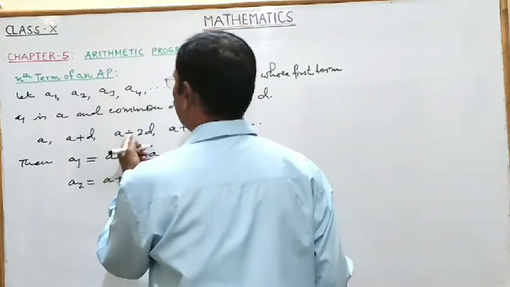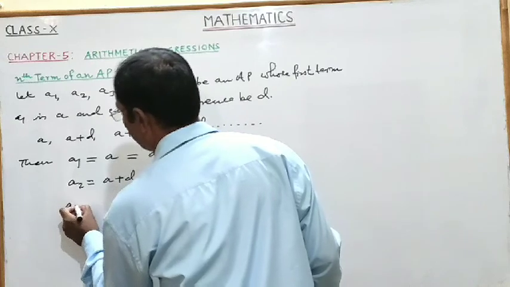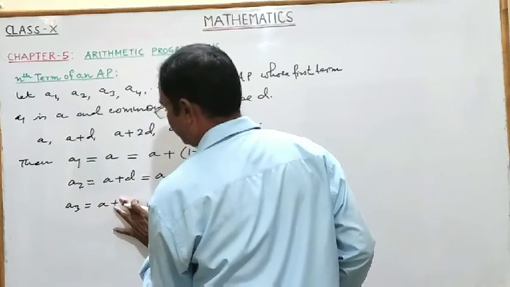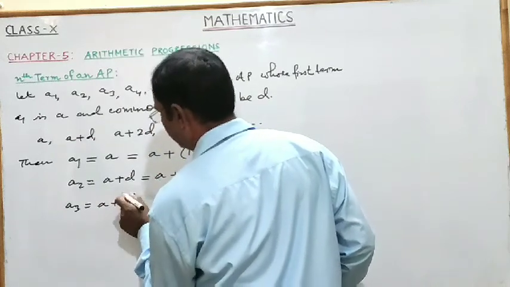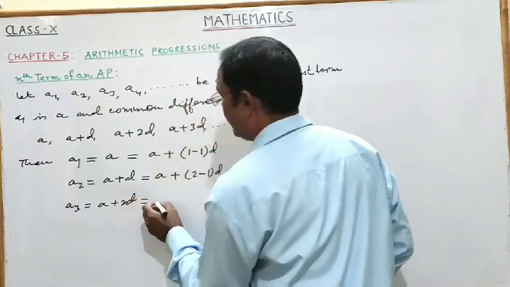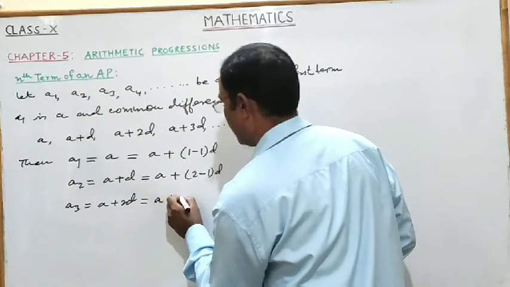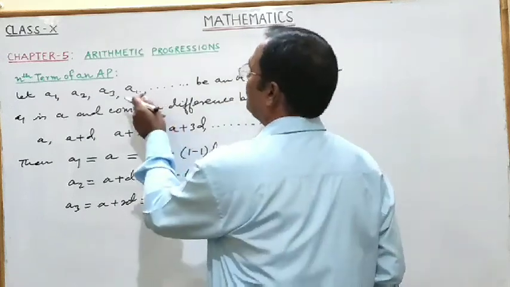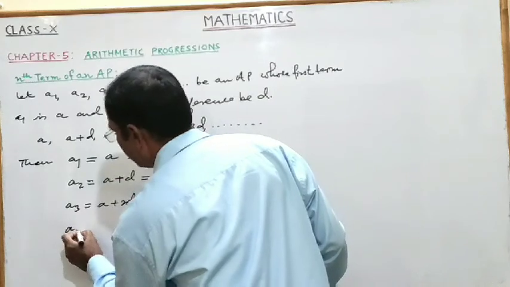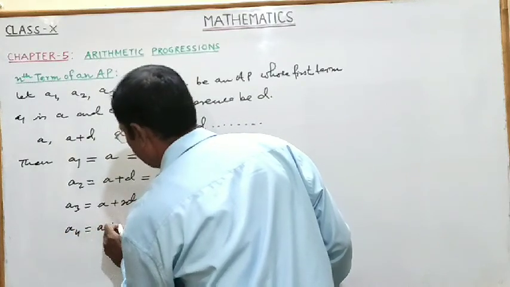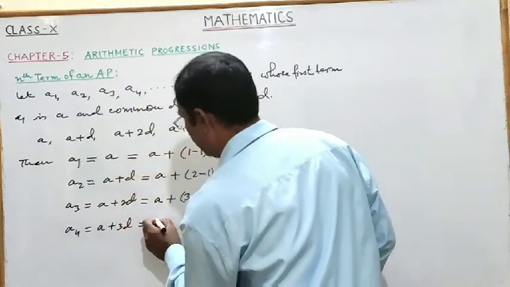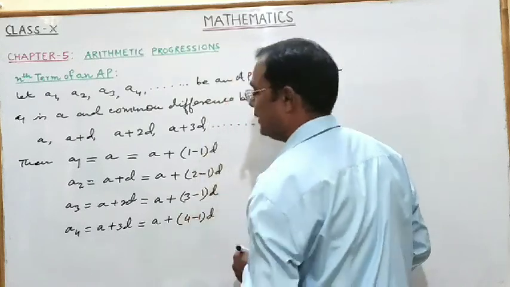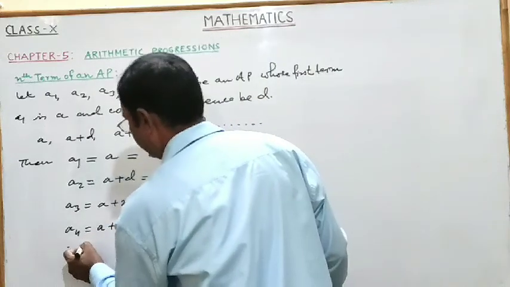Third term A3 can be written as A plus 2D, which is equal to A plus 3 minus 1 into D. And fourth term A4 is A plus 3D, that can be written as A plus 4 minus 1 into D and so on.